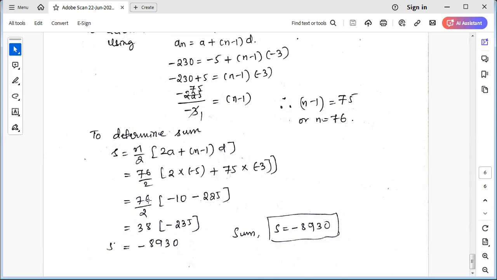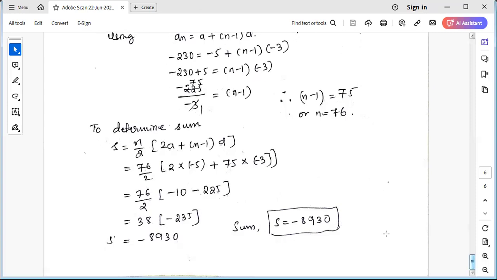So this is equal to 76 divided by 2 and 2 into minus 5 is minus 10, and this minus into this plus gives minus, and 75 into 3 gives 225. So 225 minus 10 is minus 235, and 76 divided by 2 is 38. You multiply these two, we will get the sum as minus 8930. So the problem is solved.